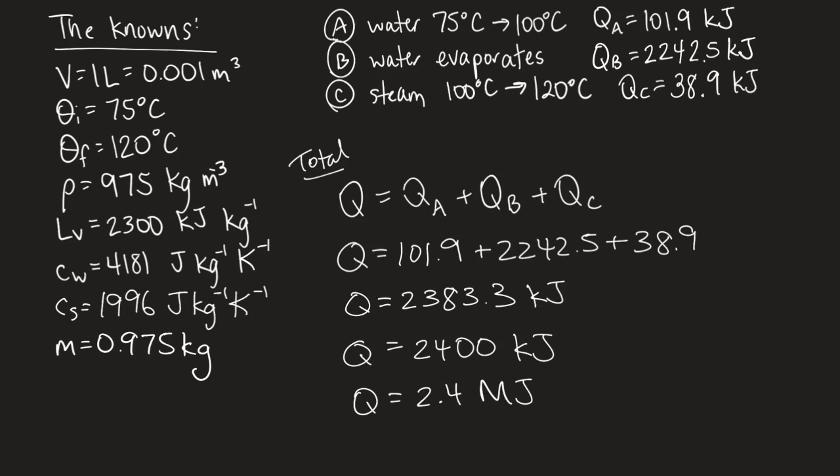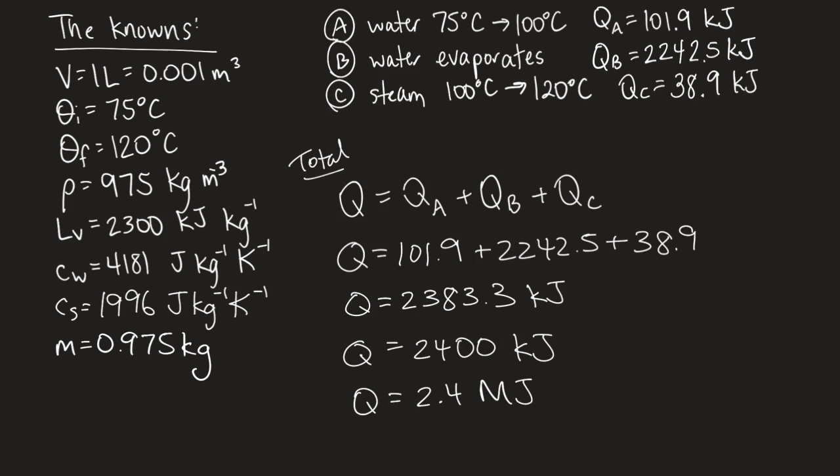Now, 2.4 megajoules is a massive amount of energy, and that's just the amount of energy it takes to heat up really hot water and turn it into relatively cool steam. To give you an idea of how big this amount of energy really is, imagine an absolutely massive lorry filled to the brim, like one of the really big ones that you see.